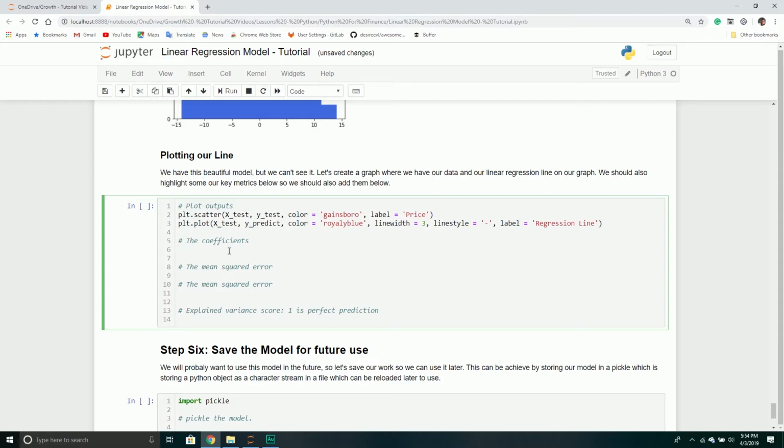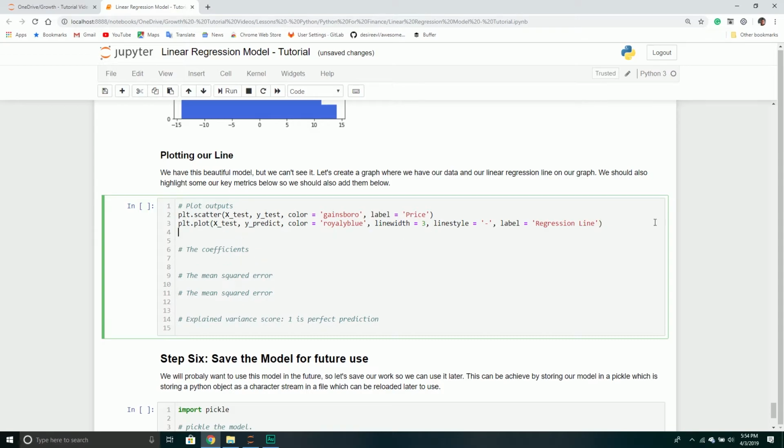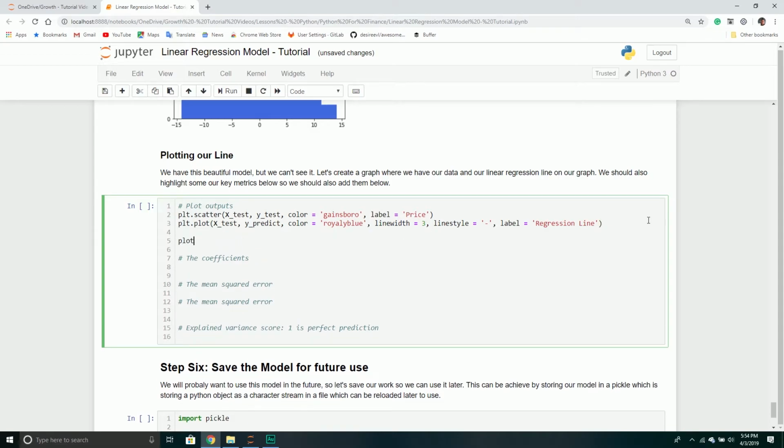Okay. And then we'll also do a title, which will be linear regression model, Exxon versus oil.